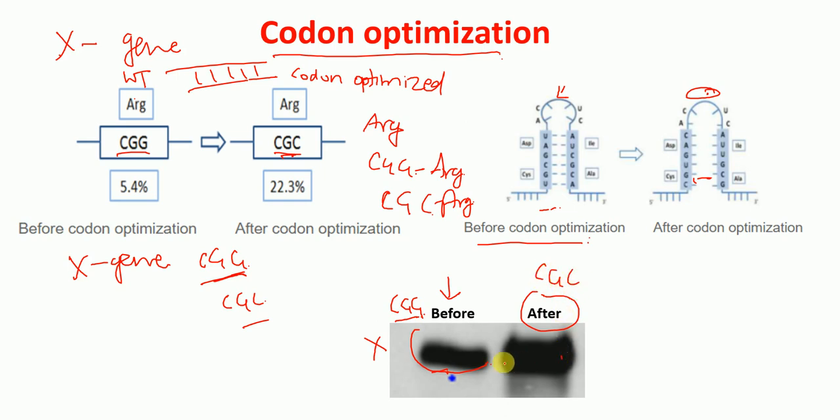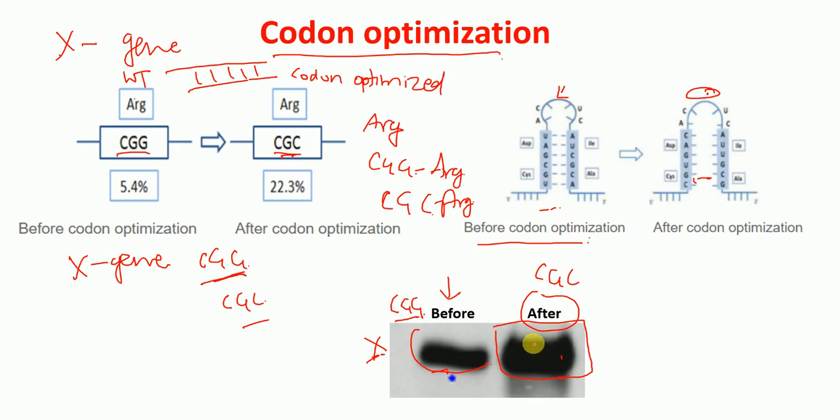You see here, we clearly see a very big increase in the expression level of this X protein, encoded by this X gene. So from here, what you can see is that codon optimization has helped us to increase the amount of the protein, the expression level of the protein.